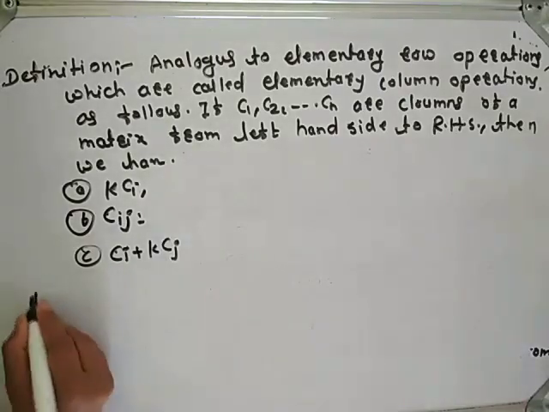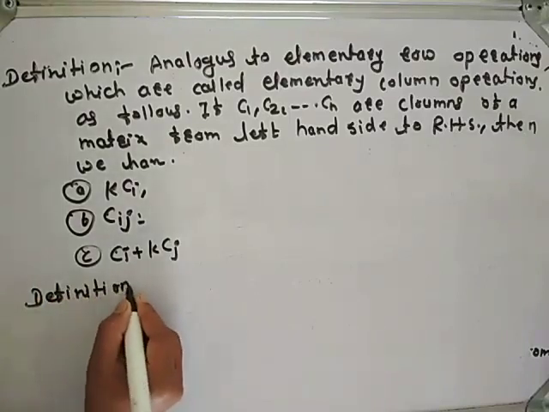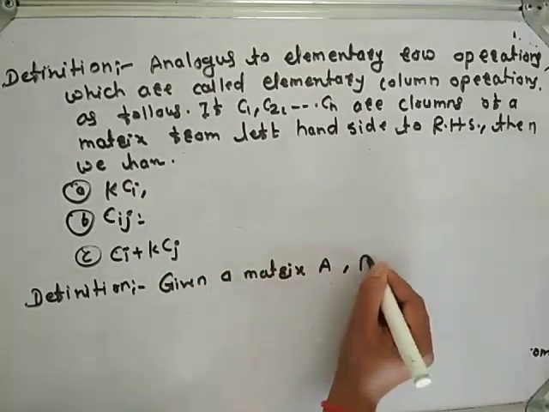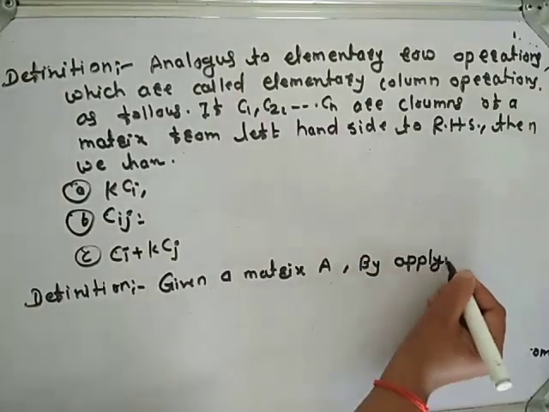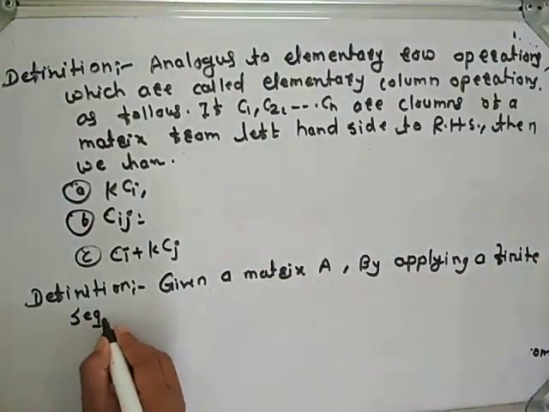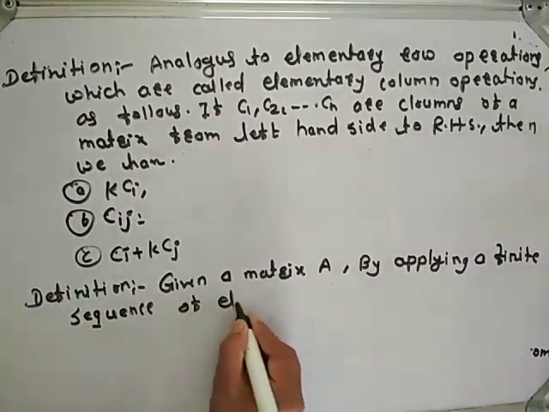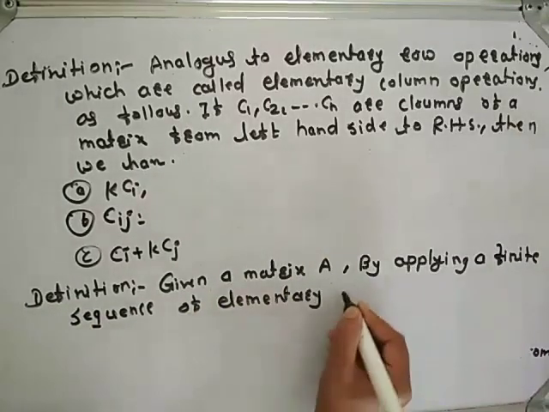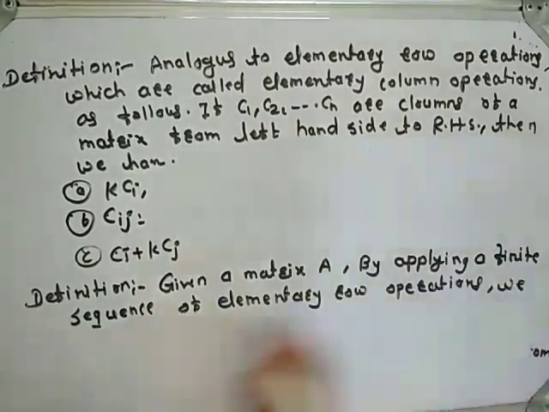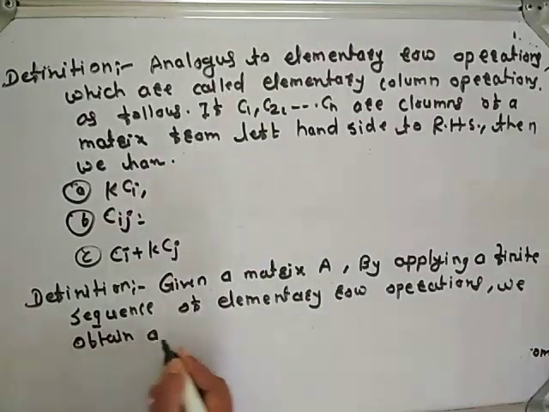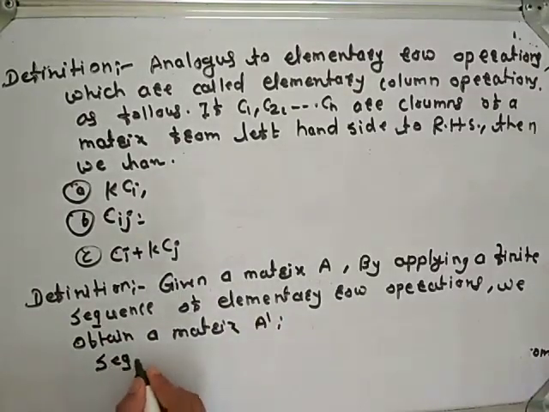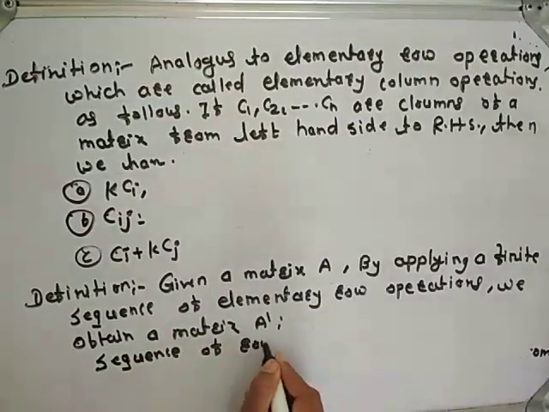Let us write down one more definition. Given a matrix A, by applying a finite sequence of elementary row operations, we obtain a matrix A dash.